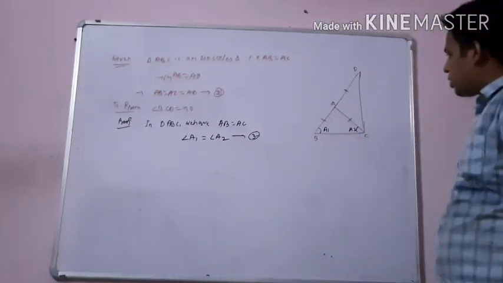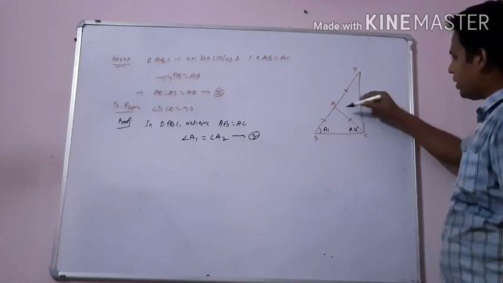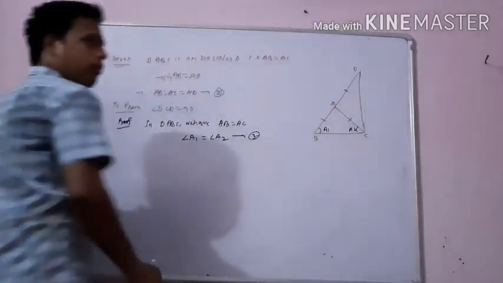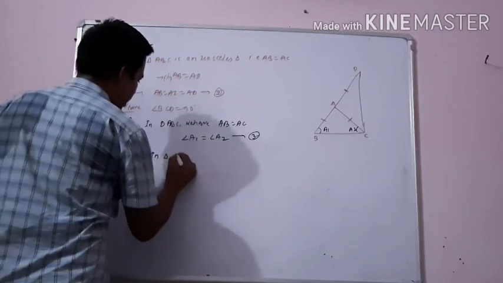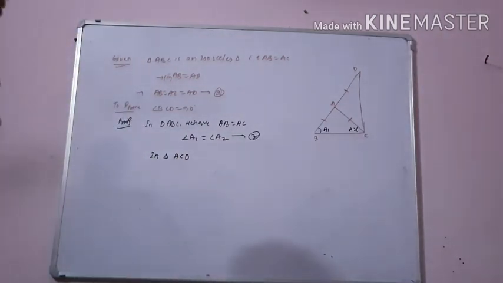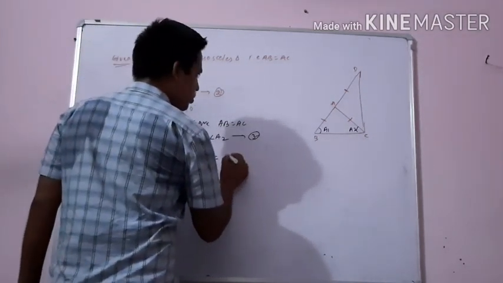Now see triangle ACD. In triangle ACD, AC equals AD.